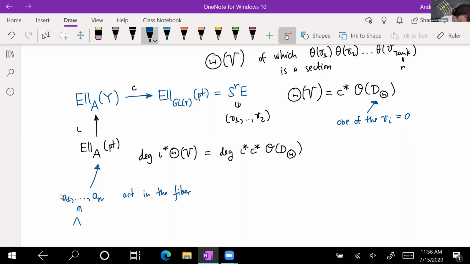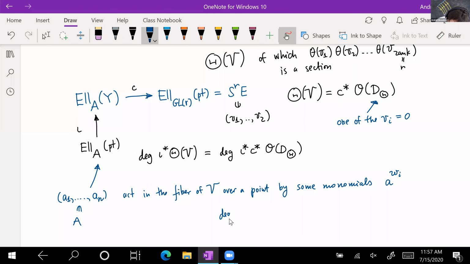These are coordinates in my actual torus A, acting in the fiber of V over a point by some monomials. There were A to some power, we call it Wi.